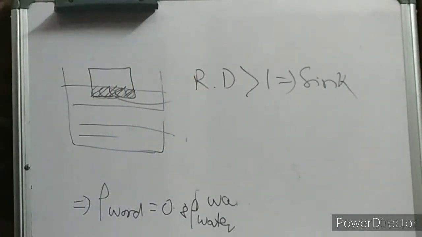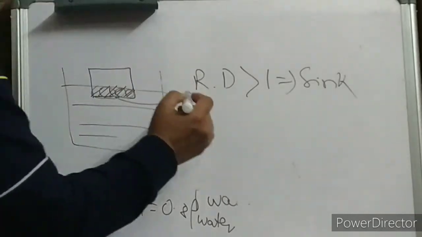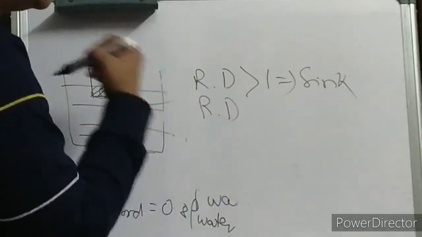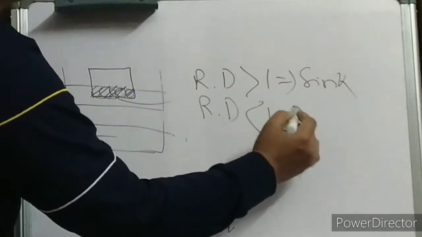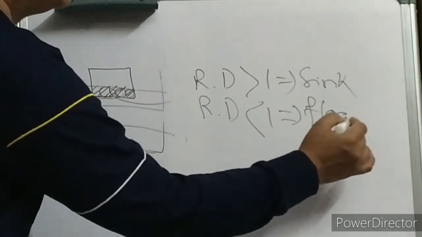You will be thinking why I altered the word substance. I enjoy doing this little bit of nonsense, and I know you people can catch me. Please catch me when I am uttering such nonsense. So the object is made up of that substance. Hope I am clear with this. And when relative density is less than 1, it is going to float.